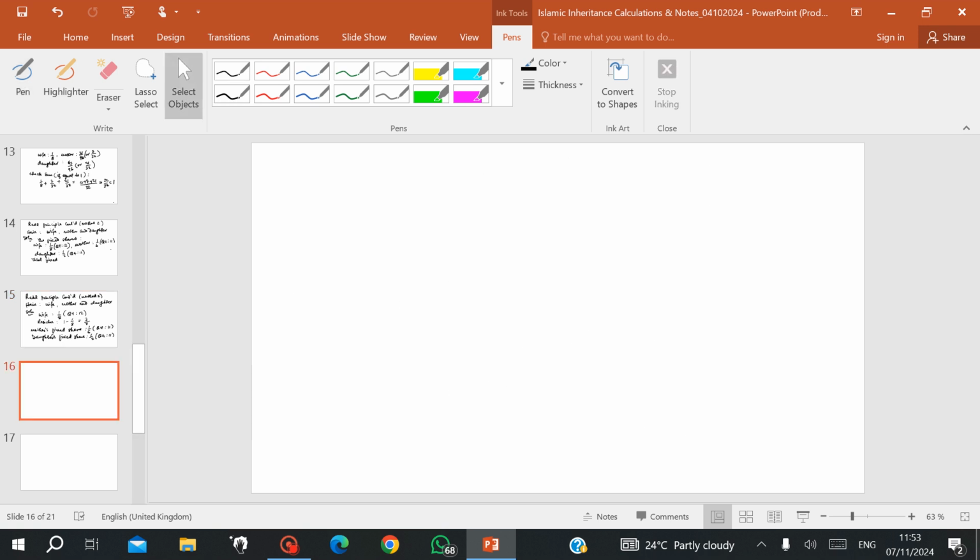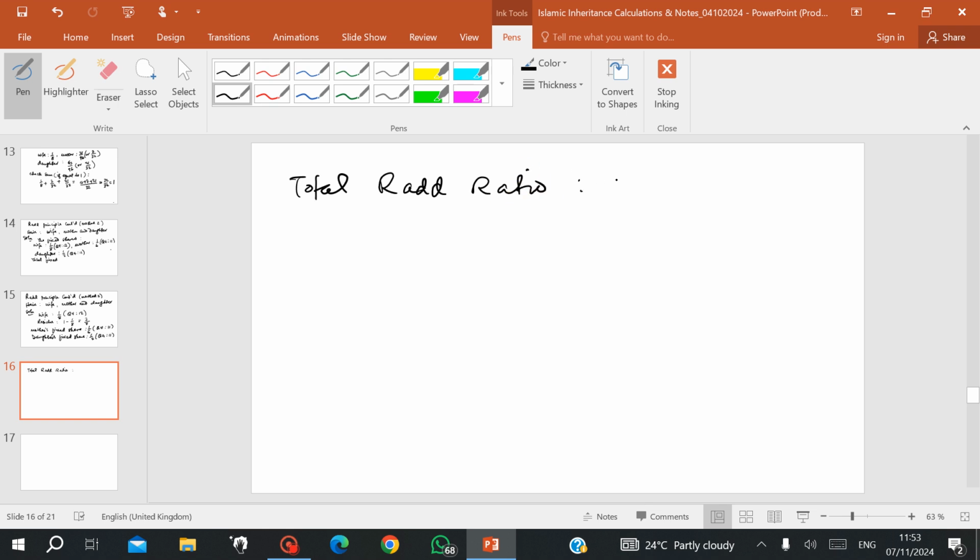So we sum the fractions, total radd ratio for those who are entitled. We have for the mother 1/6, that is her fixed share, plus the daughter's half. We have 1 plus 3, 4/6. So what we do next is that the second base, the new base, is 4.